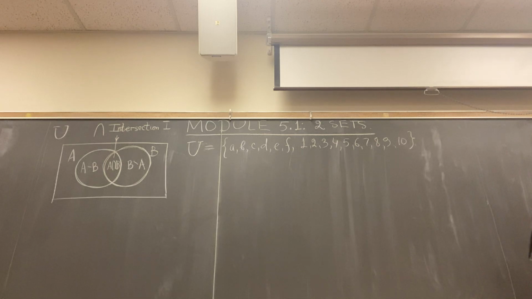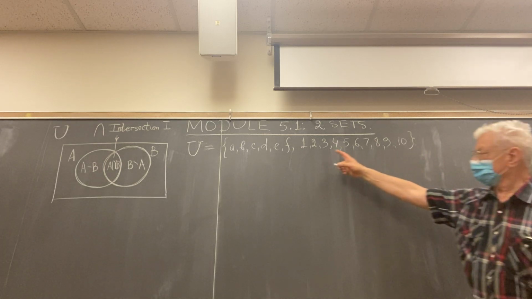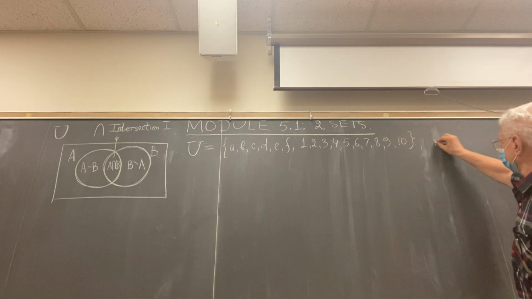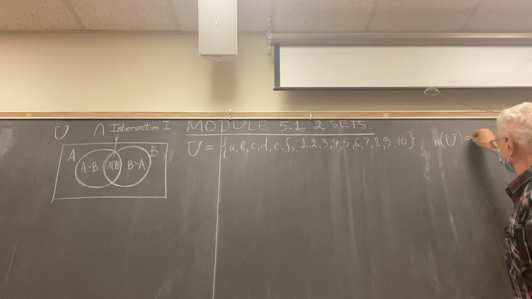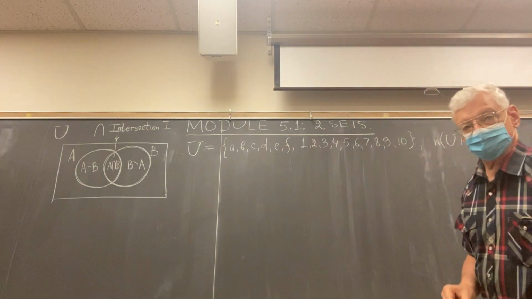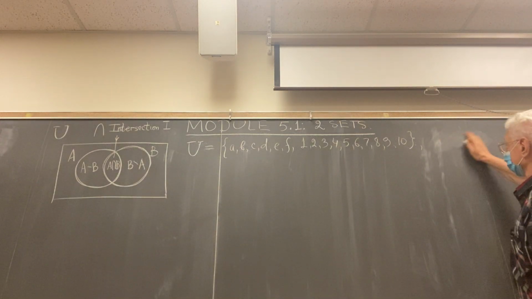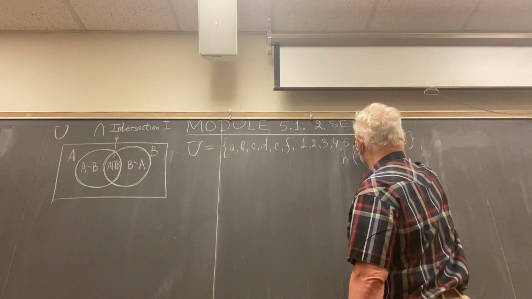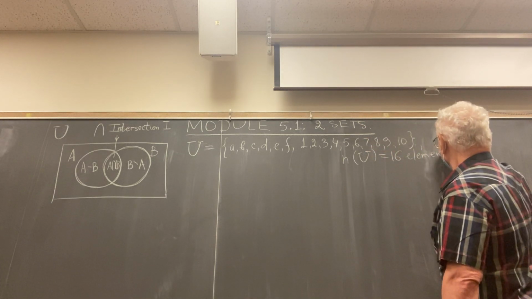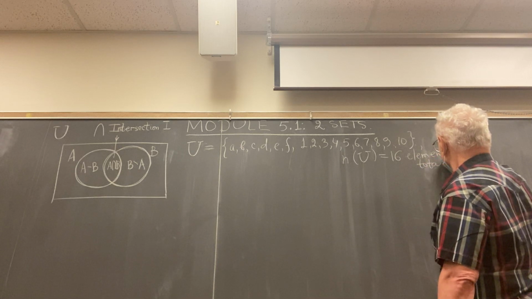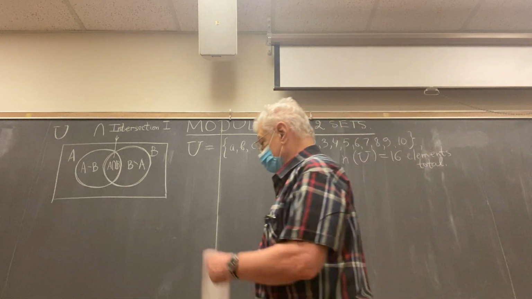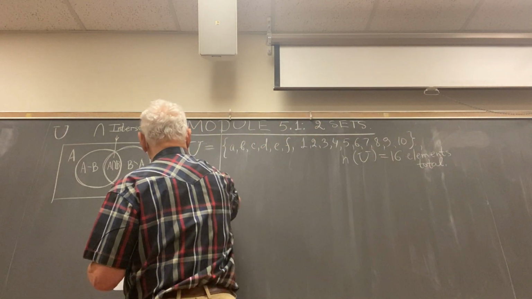So how many elements are there in total? 10 numbers here, and here we have 6 letters. So total 16. So you can write n(U) equals 16 elements total. This is U.